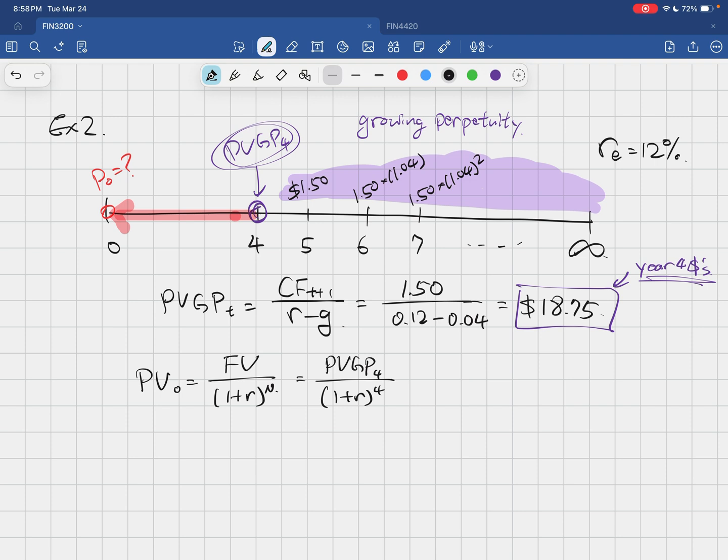We discount it back 4 times. So it's this 18.75 divided by 1.12. We have the same R, discounted 4 years. And the final answer is $11.92.